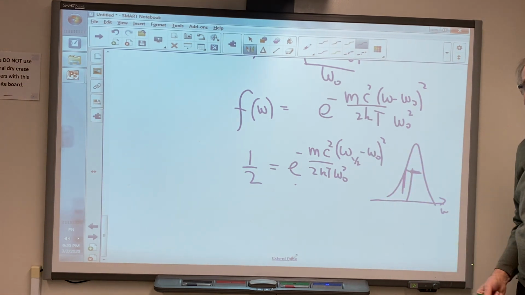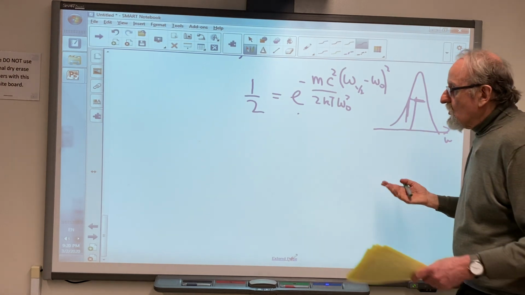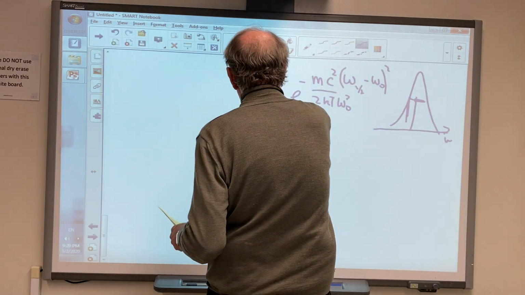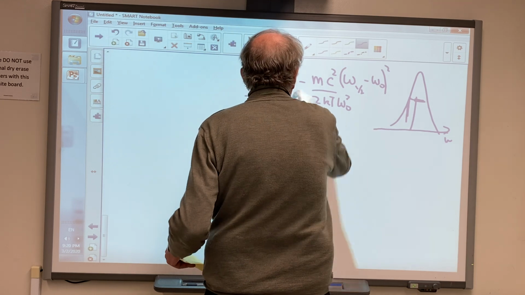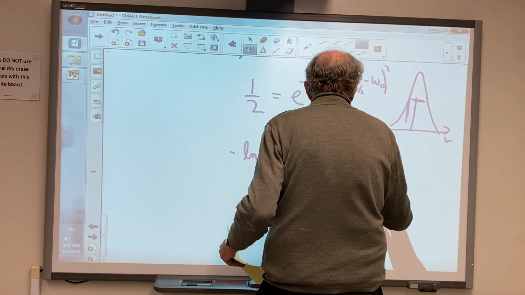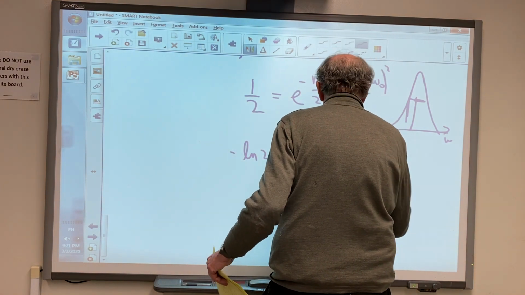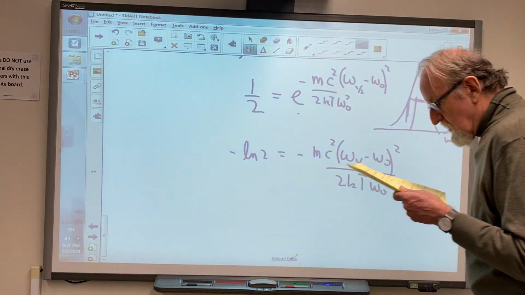That's what I want to determine, as that will give me the width of the peak. And so now it's a matter of equating. Just take the logarithm. The logarithm of 1/2 is minus ln 2. The logarithm here is minus mc squared (omega half minus omega 0) squared over 2kT omega 0 squared.